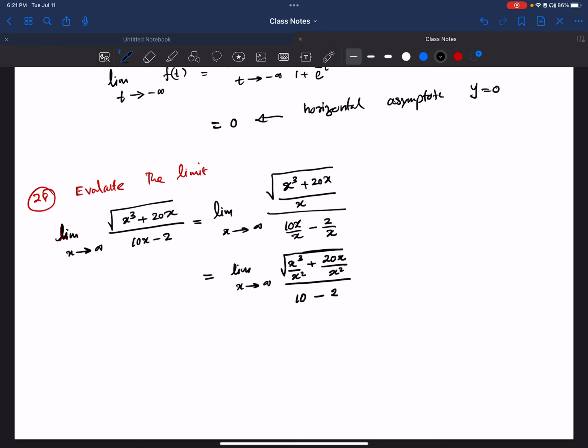Because when you take this into the square root sign, it's going to be x squared, right? That's why like that.